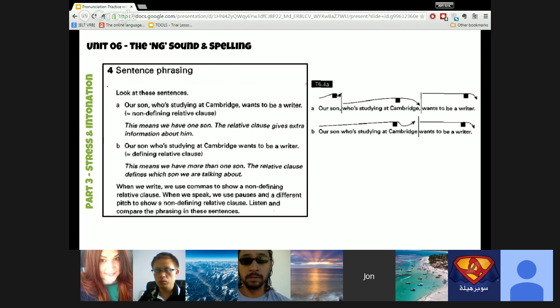Okay, good. A little more stress on the Cambridge, but it's not bad. Got to build up. Now, I want you to use the same intonation, but replace these words with different words. So let's give it a try.